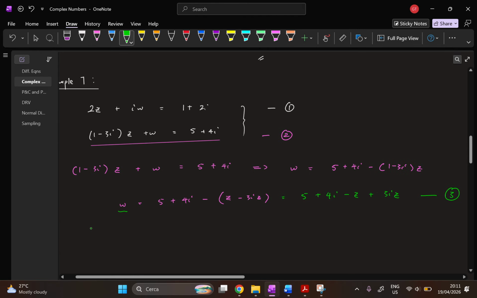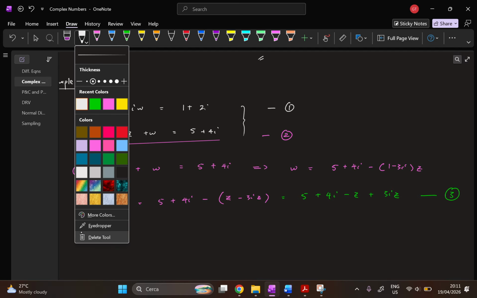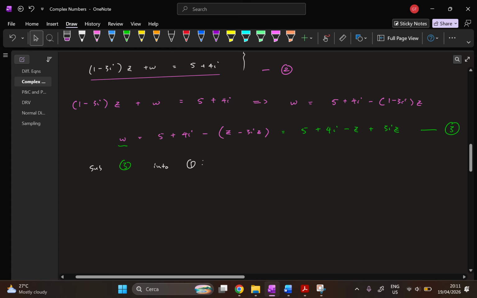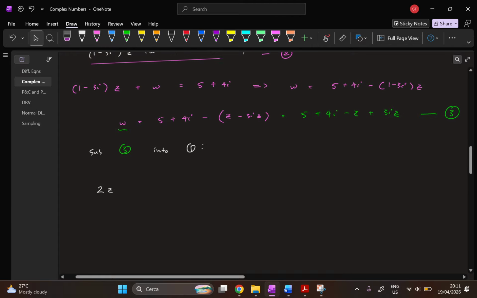And let us substitute this equation 3 into equation 1. Okay, so if I do that, then I will have 2z, I copy equation 1 over, right? Plus i, but I replace w with that.